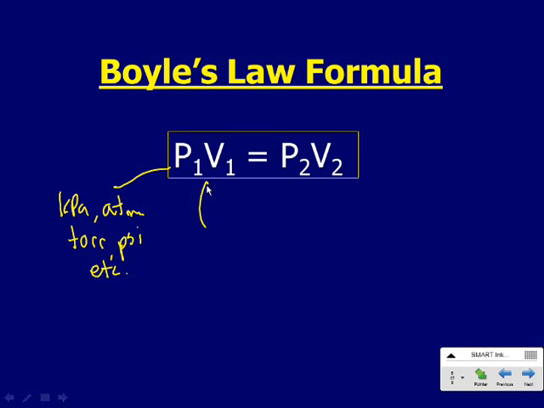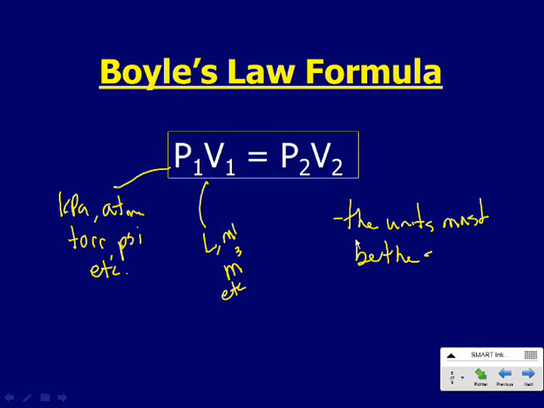Same with the volume. We're not locked into any volume units here. They can be liters, milliliters, meters cubed, etc. The main thing is that the units must be the same. Okay?